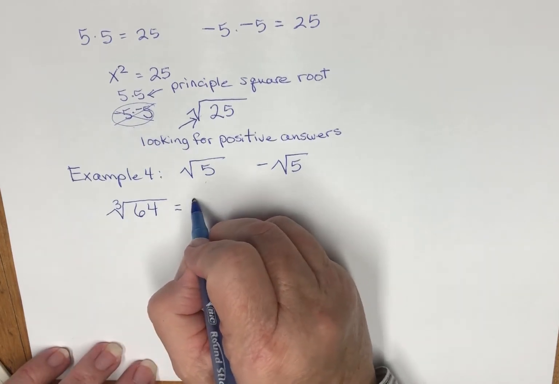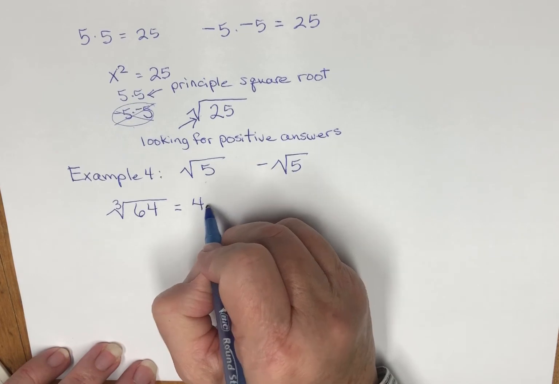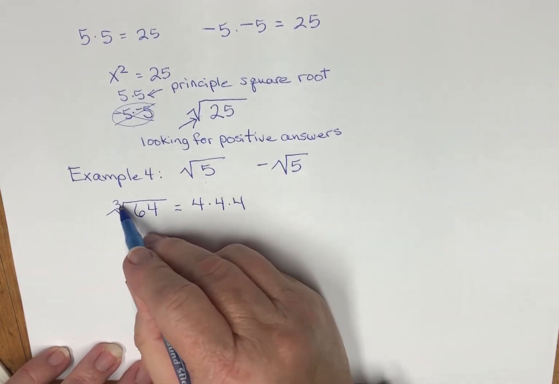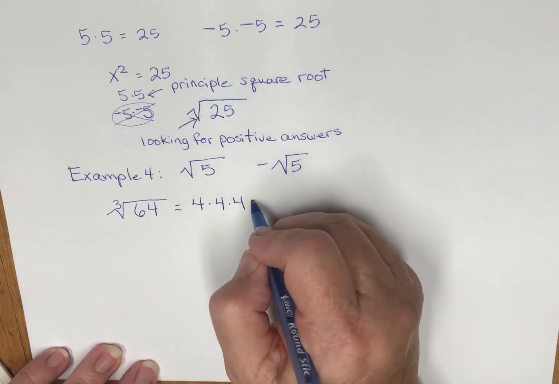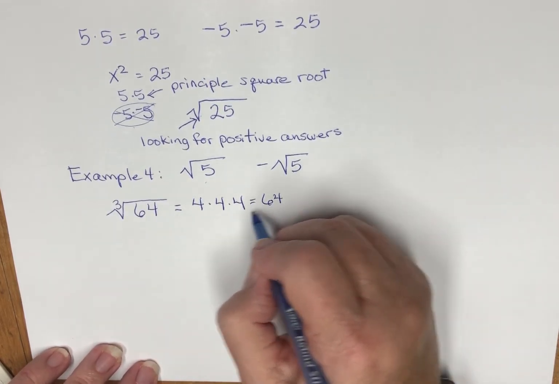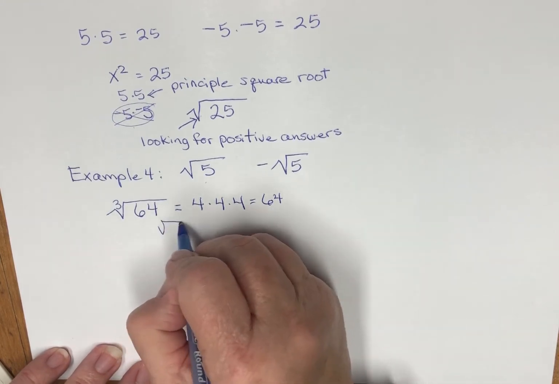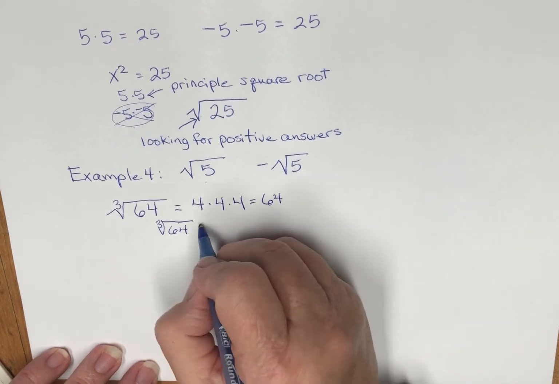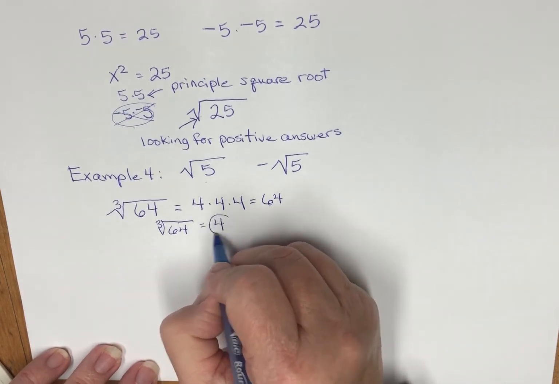And if you multiply it out, you'd find that 4 times 4 times 4, 3 fours, equals 64. So the cubed root of 64, I'm sorry, I said that wrong. The cubed root of 64 is the number 4.